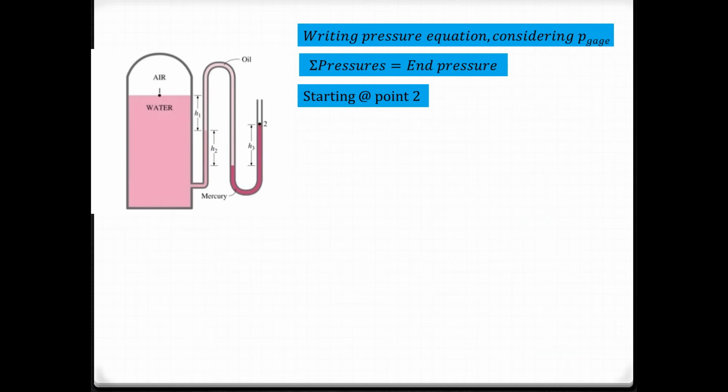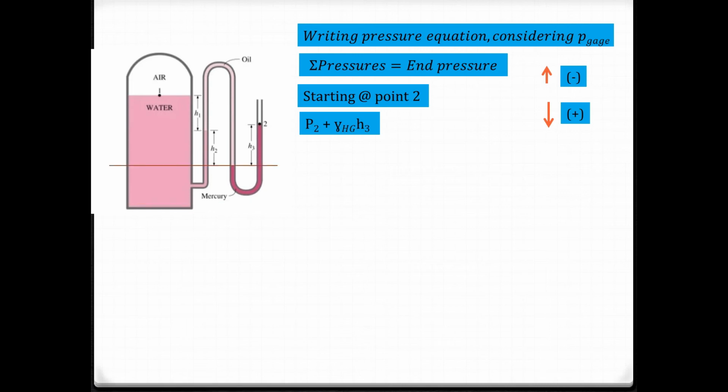Starting to write the equation at point 2, considering that we have negative gamma H for going in the upwards direction and positive gamma H if we go in the downwards direction. From point 2, it is expected that we are going downwards until we reach point 1. So the equation is, from point 2, that is pressure 2, plus gamma H of mercury times the head of that mercury, H3.